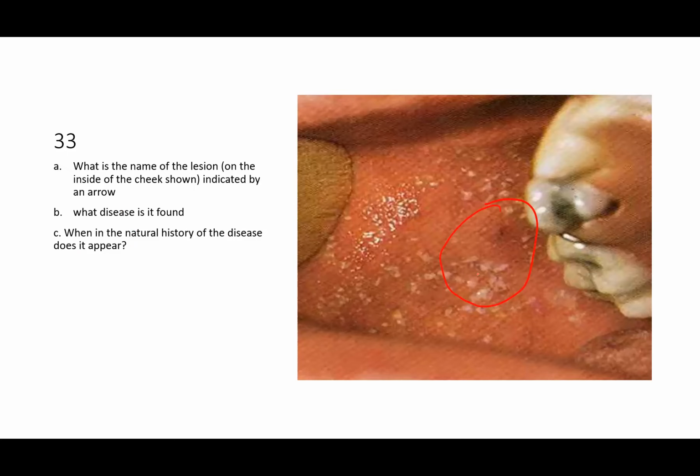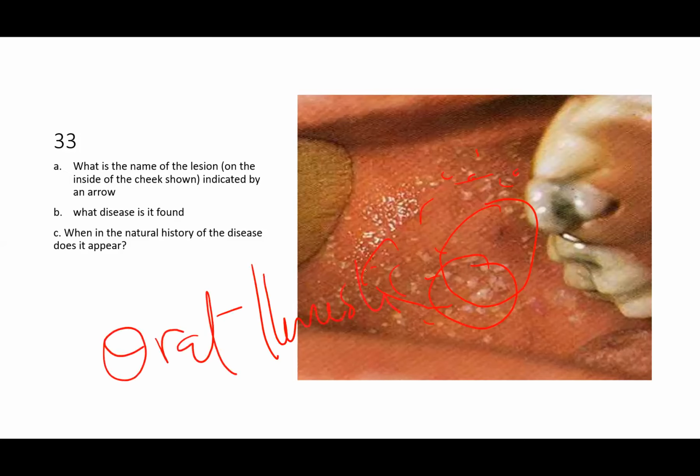There is no arrow, but you can see all these whitish dots. This whitish dot is oral thrush, seen in immunocompromised patients, in HIV patients.